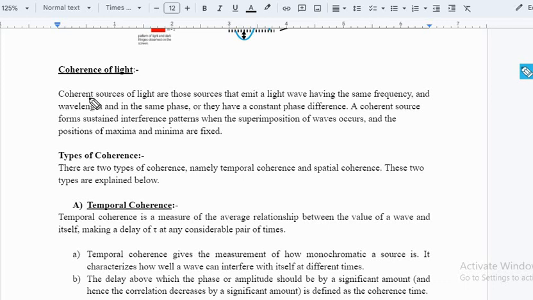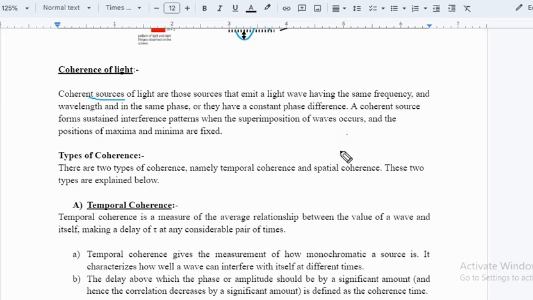So what is a coherent light source? Coherent sources of light are those sources that emit light waves having the same frequency, same wavelength, and they are in the same phase. They can also be considered as having a constant phase difference. A coherent source forms a sustained interference pattern when waves superimpose, and the positions of maxima and minima are fixed.